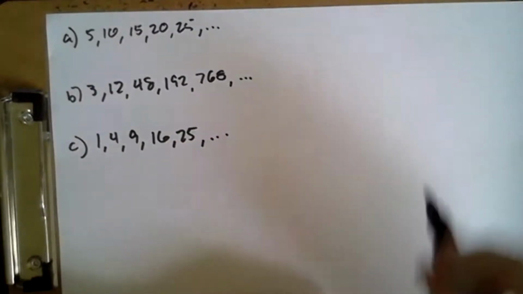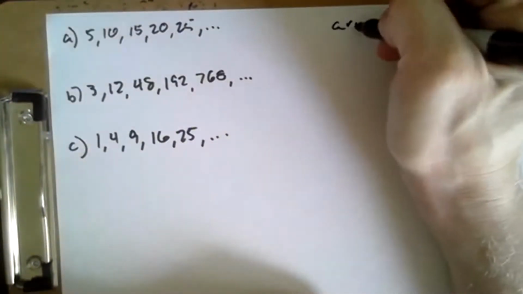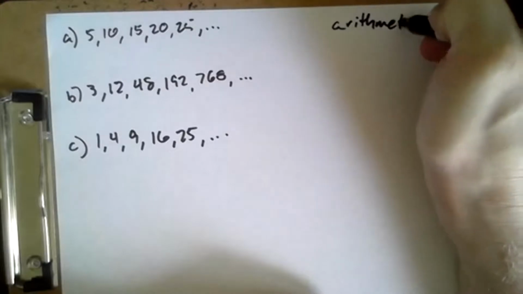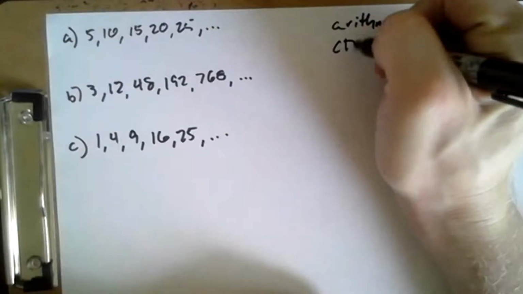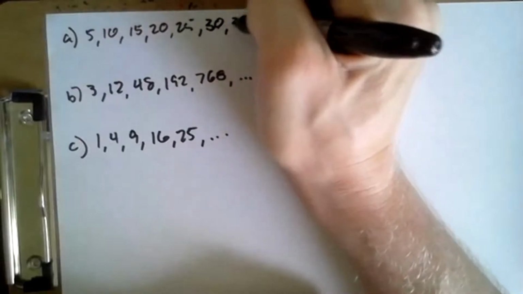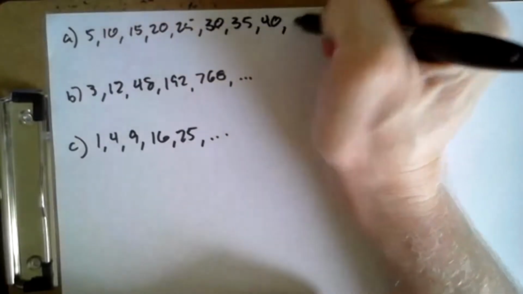Pretty clearly, this is an arithmetic sequence with a common difference of 5. So the next few terms will be 25 plus 5 is 30, 35, 40, and so on.